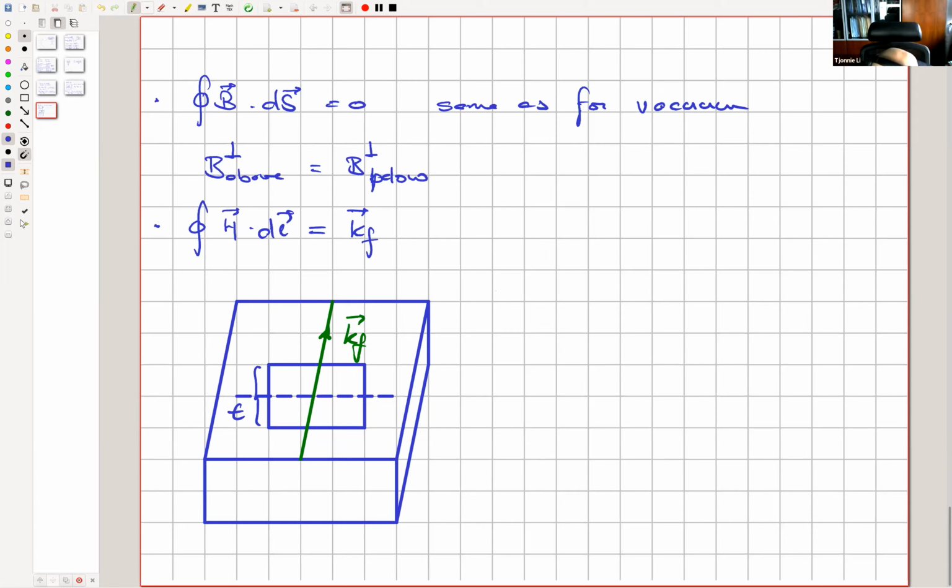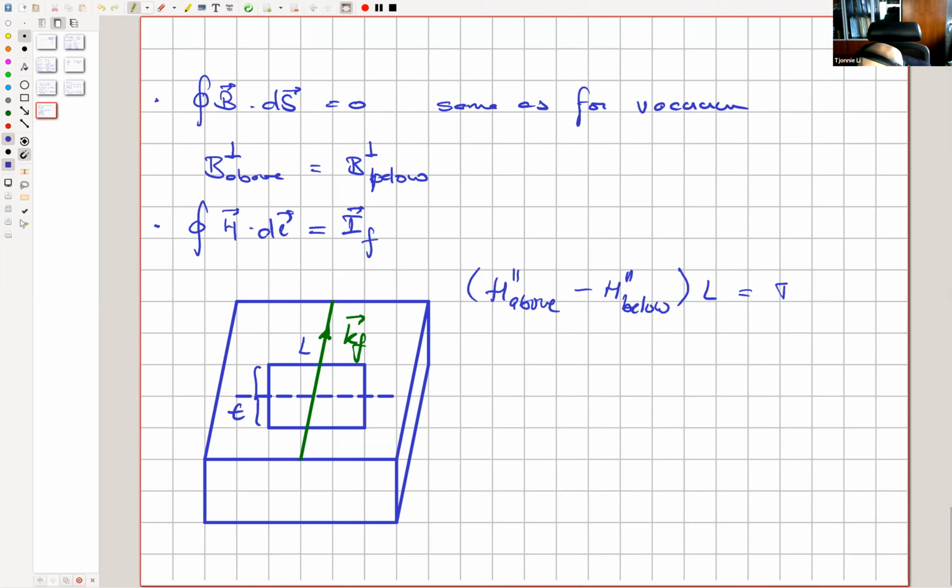I get H parallel above minus H parallel below times some L. Let's make this distance L. The current should be I_F, which is just the amount of current going through the surface here.